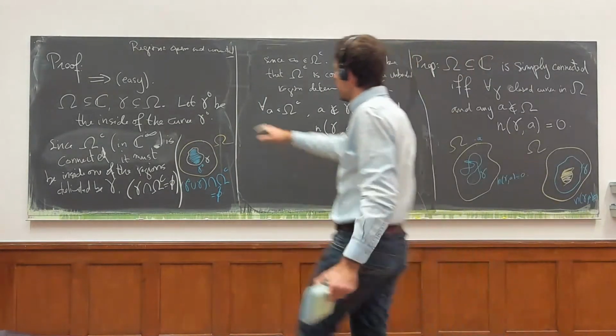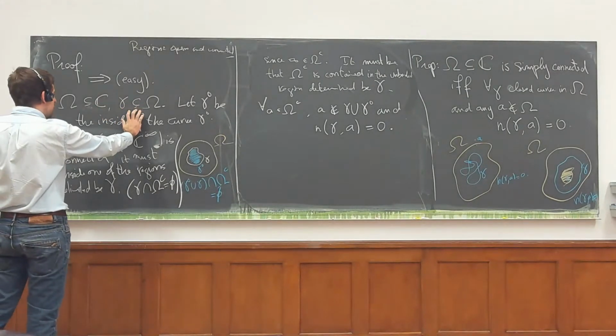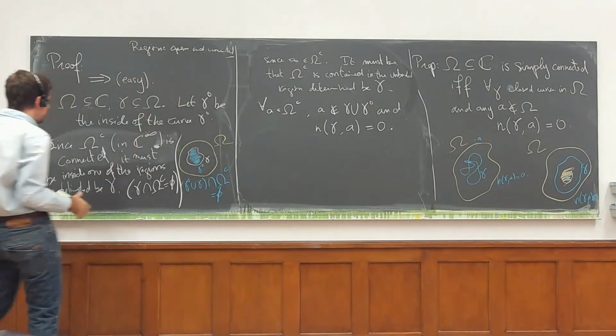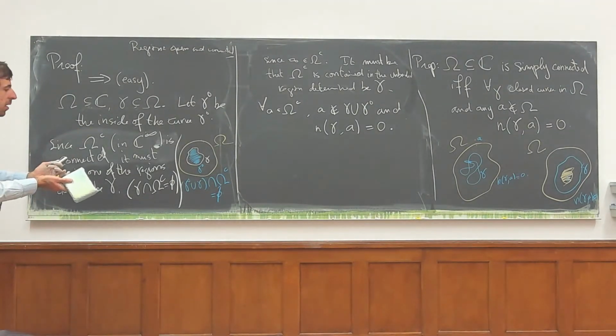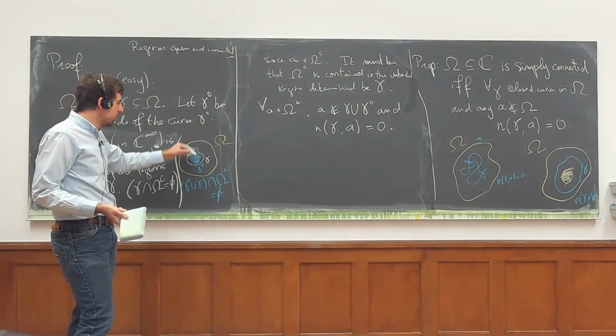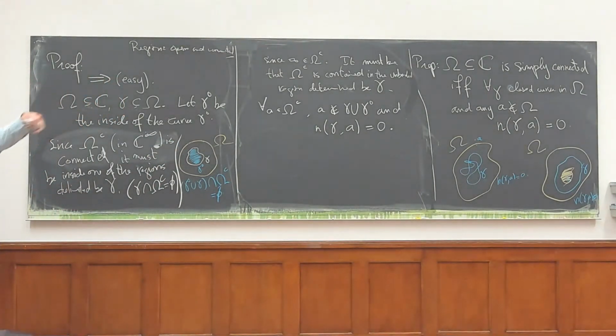Okay, let me go over this. So I have a region, a curve inside the region, and let's say the inside of the curve. Since the complement of the region is connected, it must be inside one of the regions delimited by gamma, right? In this case there's only 2, but there could be more, of course, if gamma loops around and hits itself a few times.